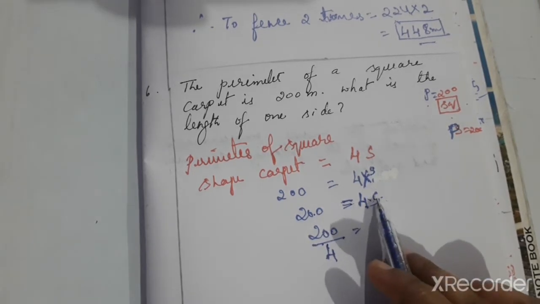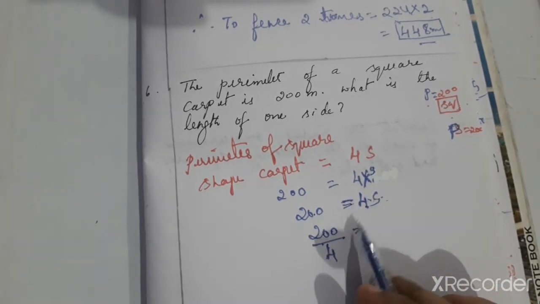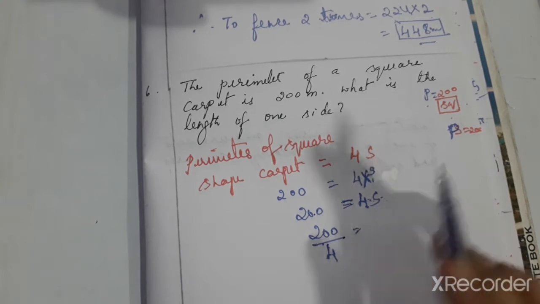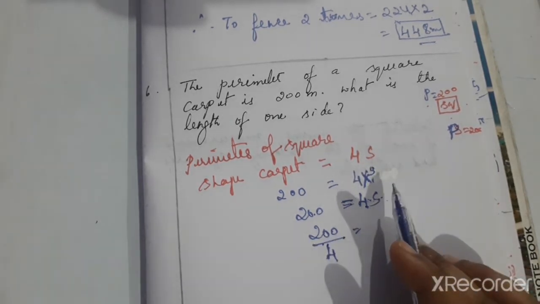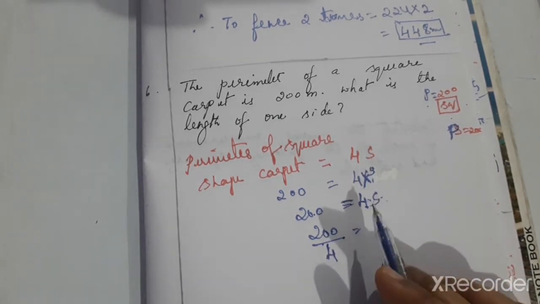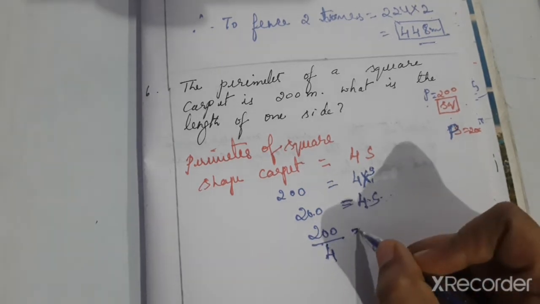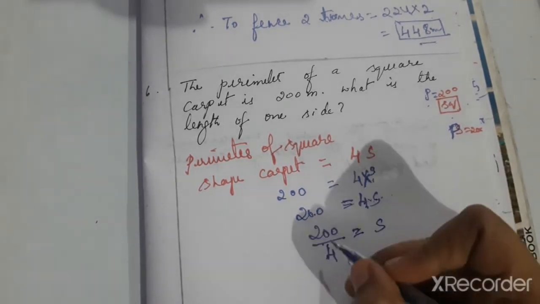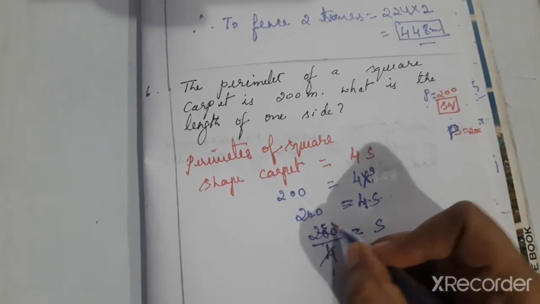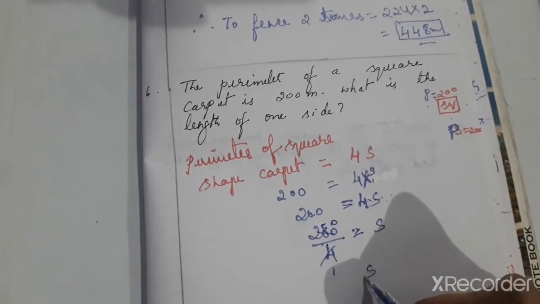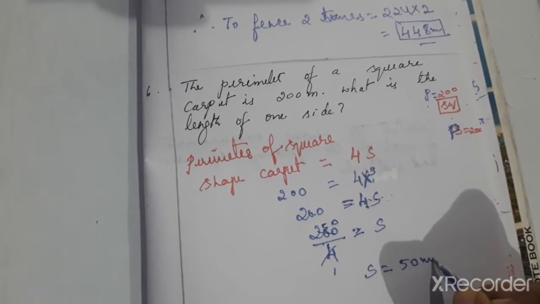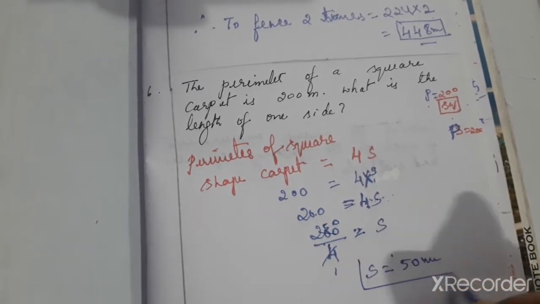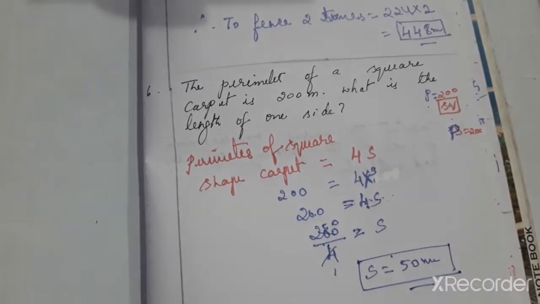Plus or minus means we have to change the symbol because we are shifting from the left side to the right side. So 200 as it is, and 4 becomes division. Now 4 ones are 4, 4 5s are 20, so 50. S equals 50 meter. One side is 50 meter.